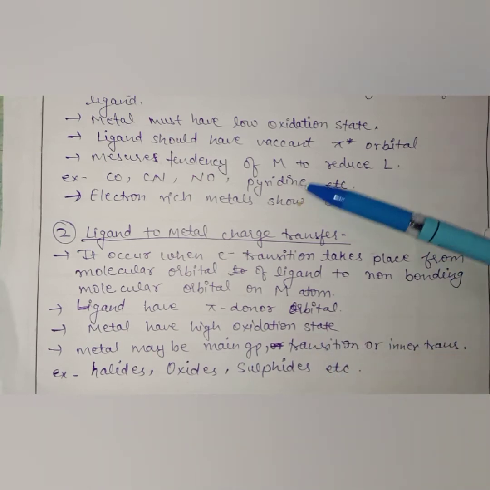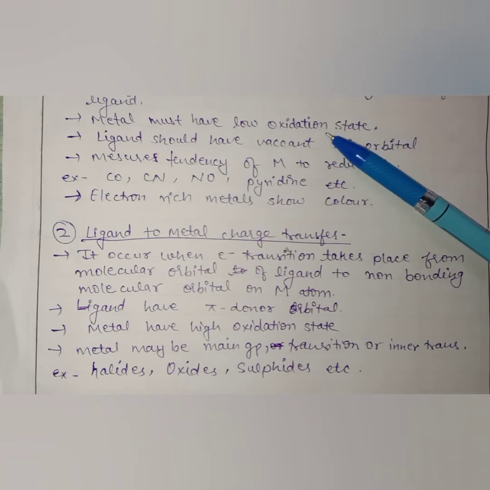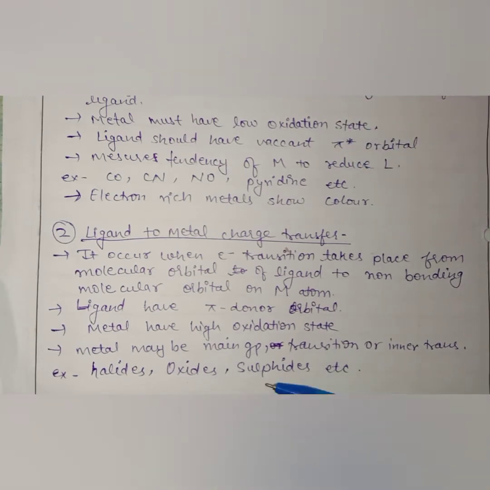In metal to ligand charge transfer, the metal should have a low oxidation state, and in ligand to metal charge transfer, the metal has a high oxidation state. The metal may be main group, transition or inner transition.